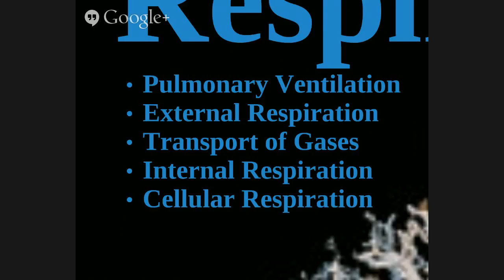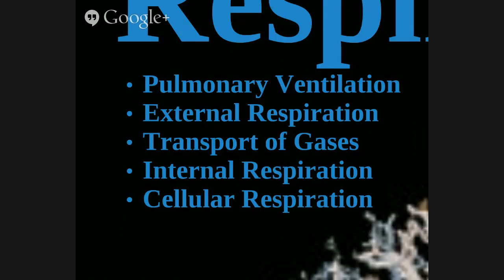Internal respiration is, again, gas exchange, but here, internal is referring to what's happening between the blood and the tissues. So oxygen in the blood goes into the tissues, carbon dioxide from the tissues goes into the blood. And then finally, I mentioned cellular respiration here because this is really the point of the respiratory system. When you hear respiratory system and respiration, you probably think about breathing, but that's not really what it's about.